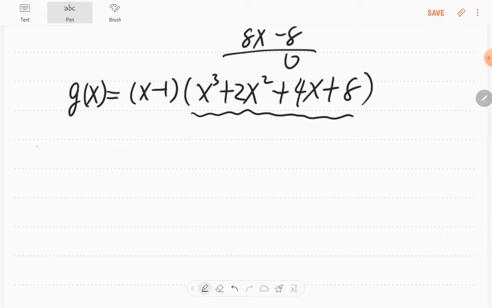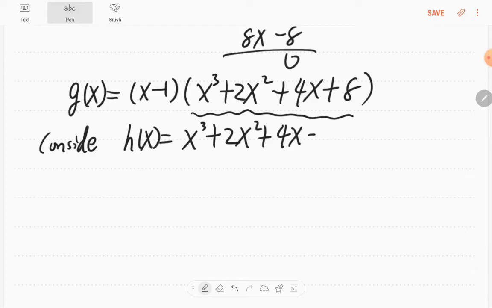Let's consider this part. So this is the f of, we'll use another letter. So let's consider this h of x, which is equal to x cubed plus 2x squared plus 4x plus 8.